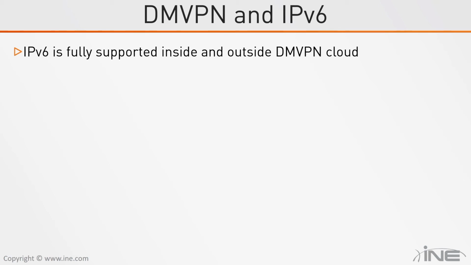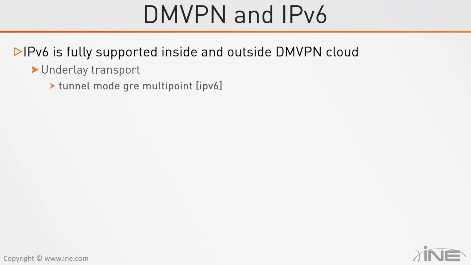Okay, so the most important thing you will have to remember when you are trying to use DMVPN to support IP version 6 is to distinguish between the transport and the protected information.